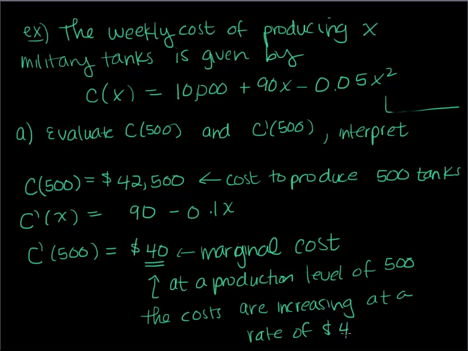So $40 per tank. That's what that means. You have to make sure that you understand what these mean. The other way to interpret this is if I wanted to raise my production to 501 tanks, this $40 would tell me it would cost another $40 to produce that 501st tank.